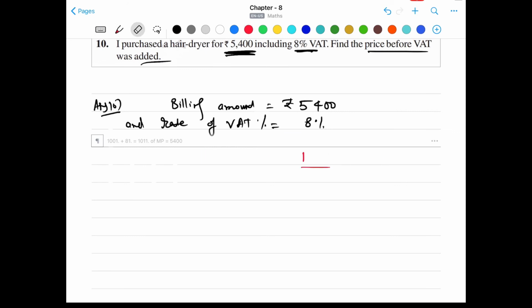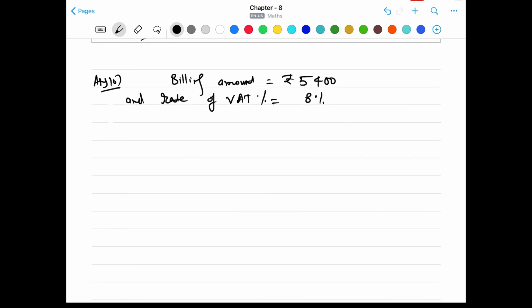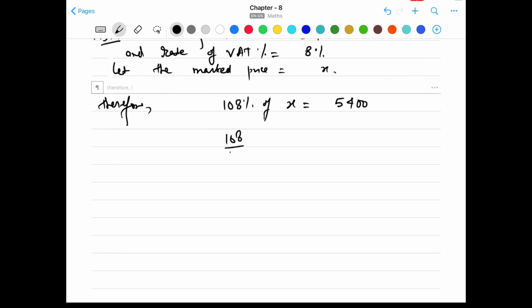So we can write this as: first we assume let the marked price be x, therefore 108% of x will be equal to 5400, that is 108 divided by 100 into x is equal to 5400. So x will be equal to 5400.